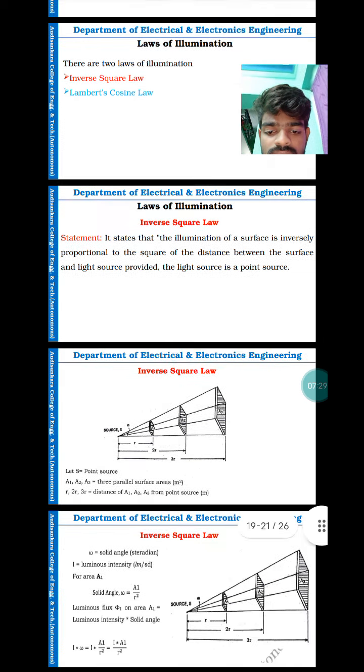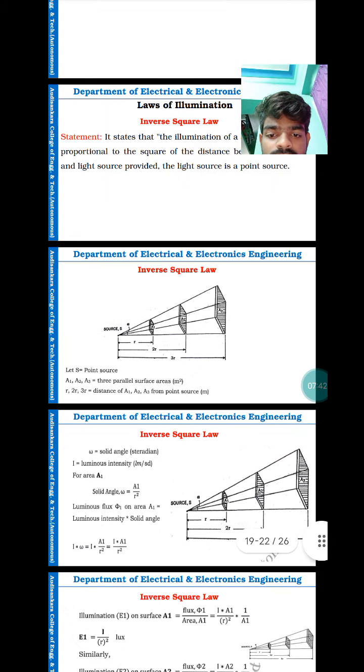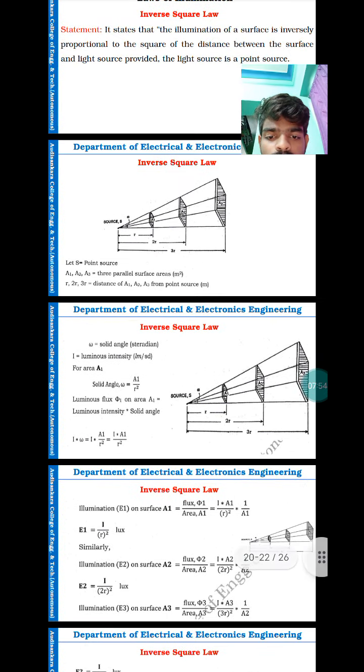Here in the figure, S is the point source, A1, A2, A3 are the parallel surface areas, r, 2r, 3r are the distances of the surface areas, I is the luminous intensity, and omega is the solid angle. The luminous flux phi on area 1, luminous intensity into solid angle, will give us the illumination on the surface.